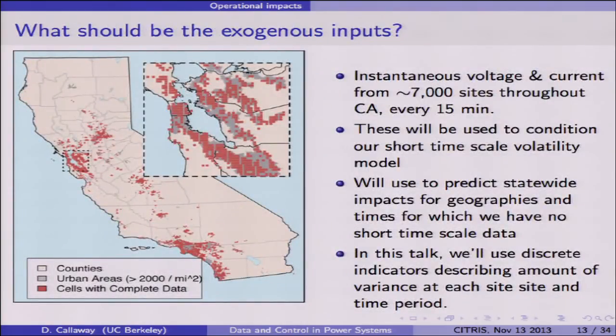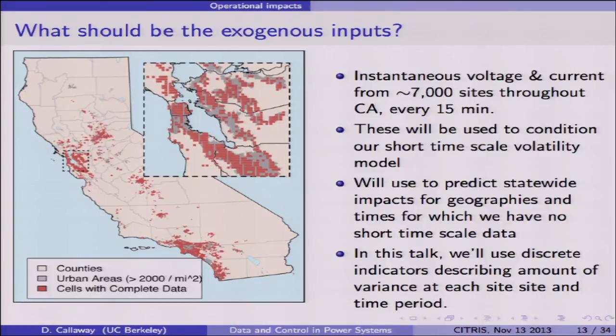Okay, what should those exogenous inputs be? Now, I talked about this short timescale data, the 1-minute data, but we also wanted to leverage the fact that across the entire state of California, we've got a very nice set of 15-minute data. This is 15-minute production from these mostly residential systems. The basic idea, and I don't want to wade too far into this in the interest of time, is to use those observations to categorize them into discrete states and to use those categories of observations to inform what the state transition probability matrix ought to be in the Markov model.